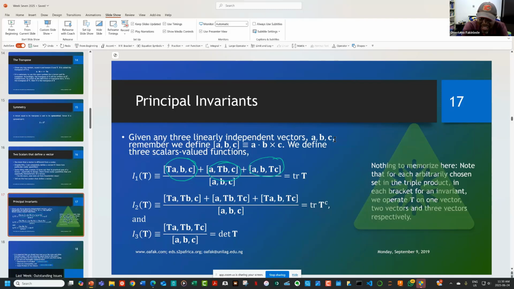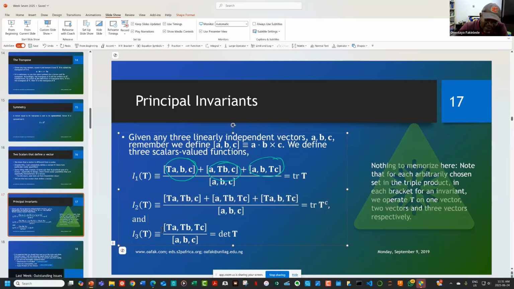Any three linearly independent vectors. If you do that, you get the second principal invariant, which is the trace of the cofactor of the tensor. We will talk about cofactors later, but don't worry about what the second equality means. This is the computation formula for the second principal invariant.